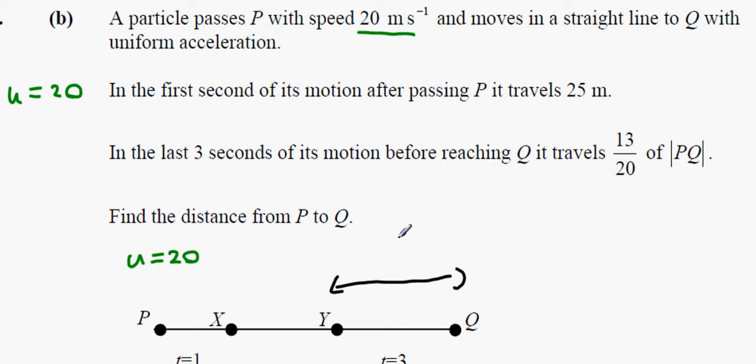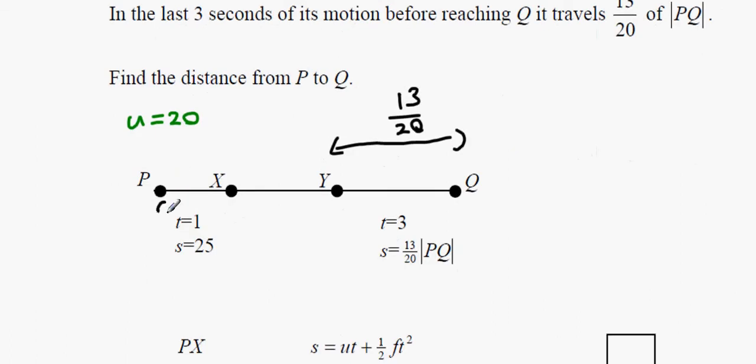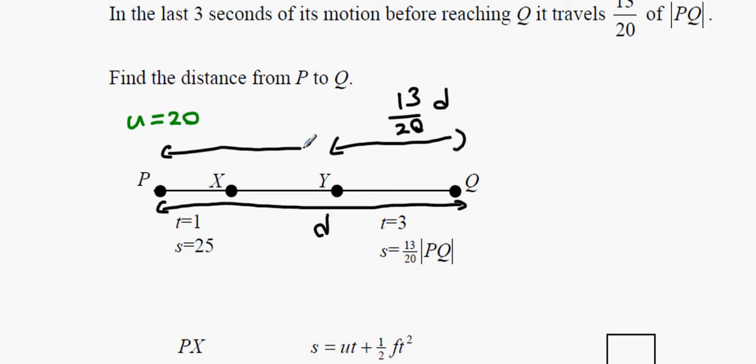We can always call PQ the total distance D, so we call it 13/20ths of D. Therefore, the distance from P to Y has to be 7/20ths of D.